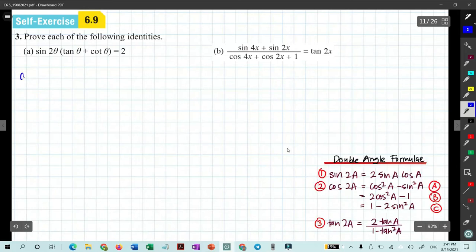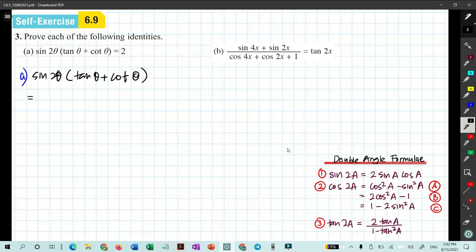And once again, let's recall the double angle formulas. Let's look at question A. So the complicated section is on the left hand side. So I take sine 2 theta tangent theta plus cotangent theta. Okay.